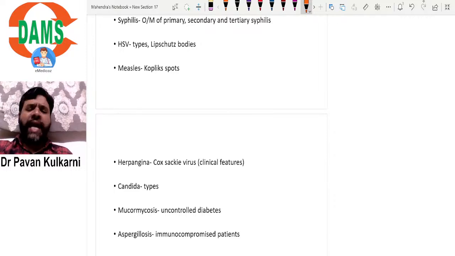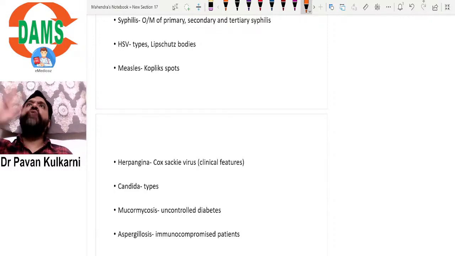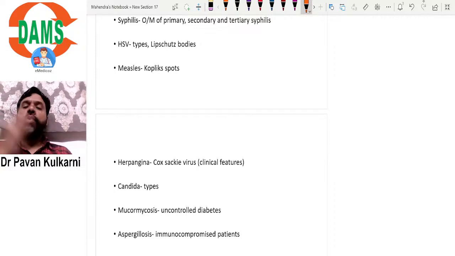Herpangina, which typically affects like pharyngitis, is mainly Coxsackie virus induced. So typically they'll give you a history that the patient will have pharyngitis. Those vesicles are there in the posterior part of the pharynx. That is nothing but herpangina.